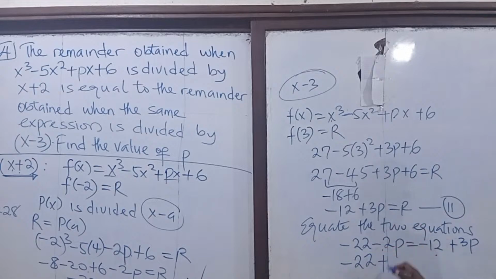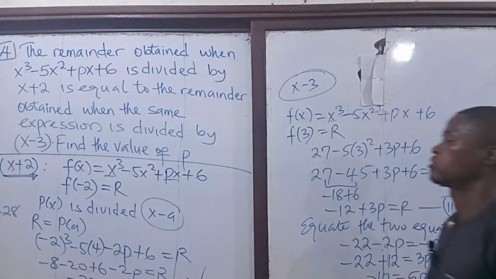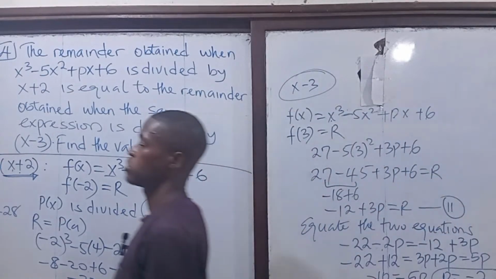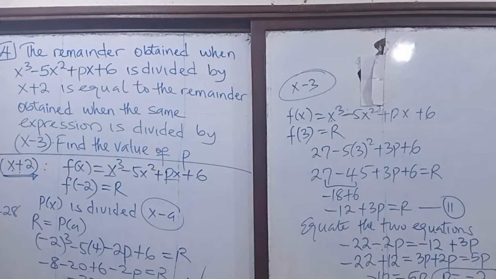That's a plus 12 equal to 3p plus the 2p, which is 5p. And this one will give you minus 10 equal to 5p. So p is equal to what? p is equal to minus 2. So that's the value for that question.